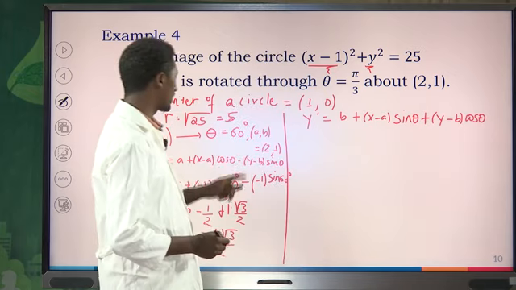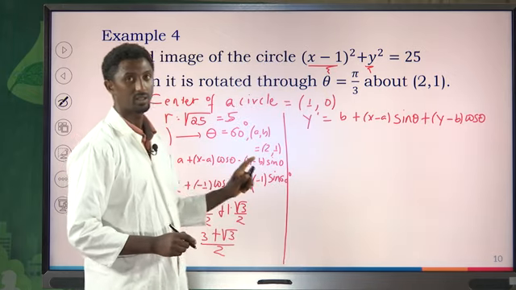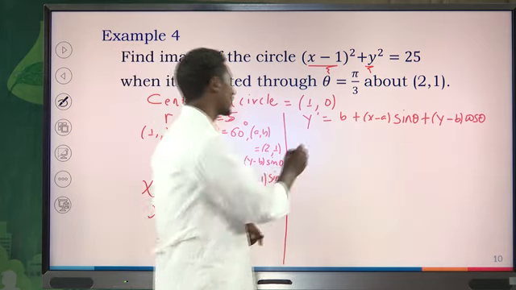So we have the value of b, that is the coordinate at the center of rotation, which is 1.